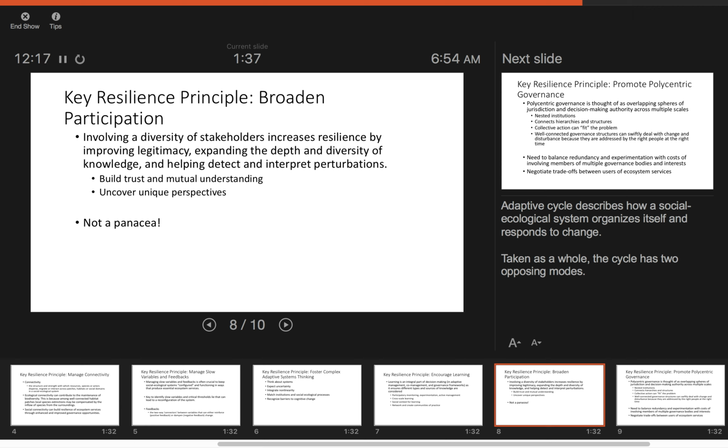And it's really important to think about how and in what stages participation occurs, and to what depth of participation. There's been a ton of research on participation, identifying places where participation is occurring, quote unquote token participation, where you have the right stakeholders there, but really just to rubber stamp a decision that you've already made. So thinking about really authentic participation that uncovers unique perspectives, that actually builds trust and mutual understanding, etc.